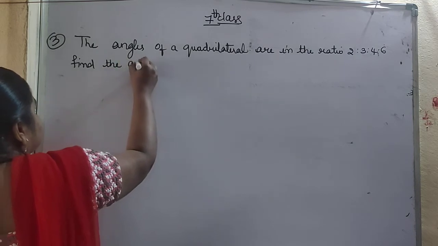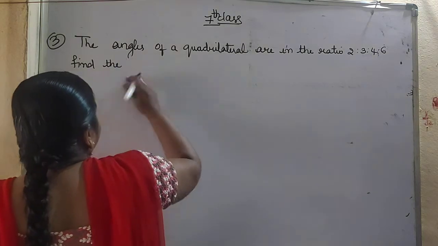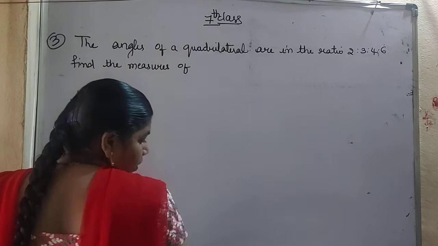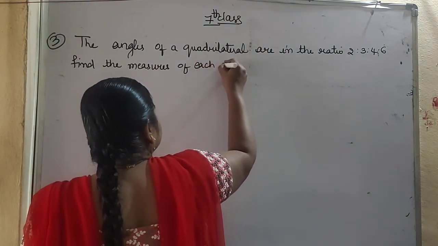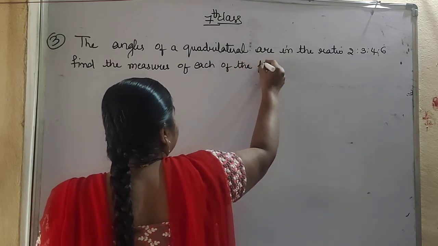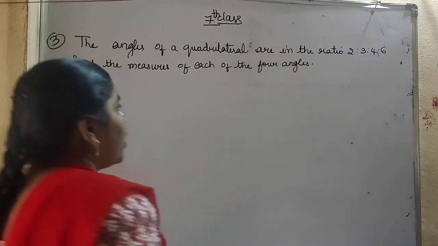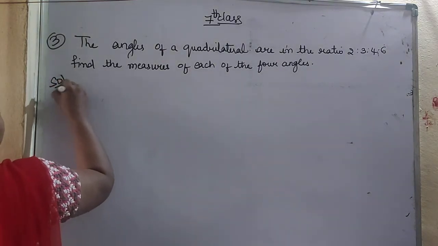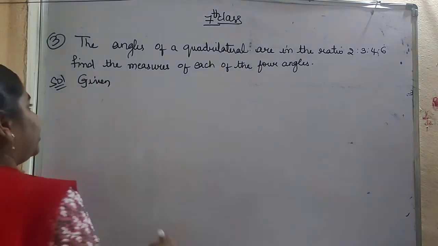Find the measures of each of the four angles. So we have to find the measures of each of the four angles. So first we will write the given: the ratio of the angles.